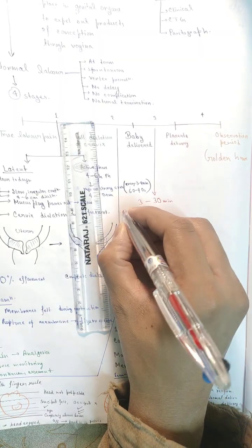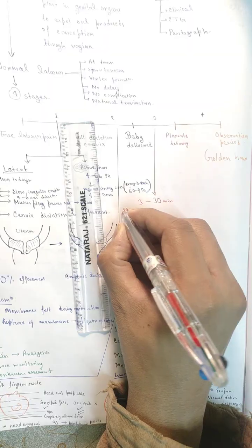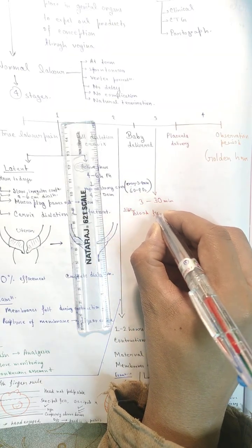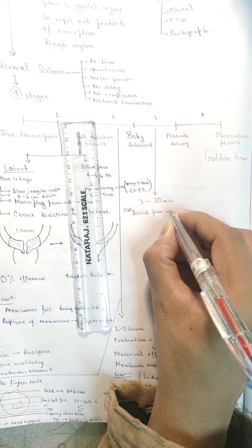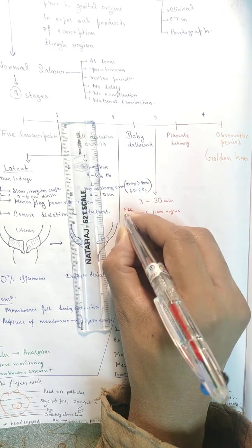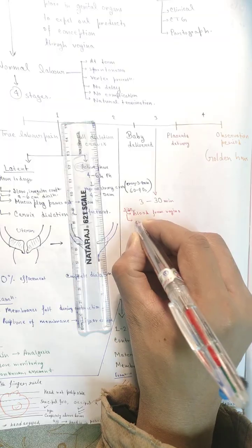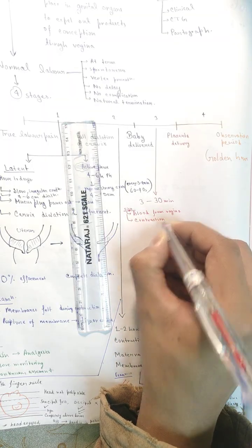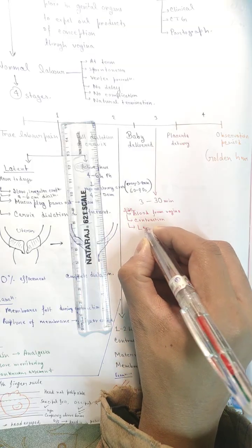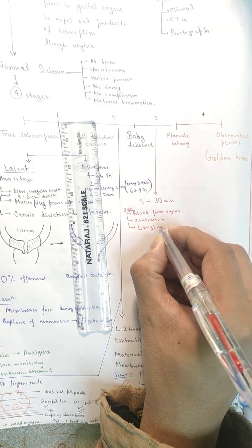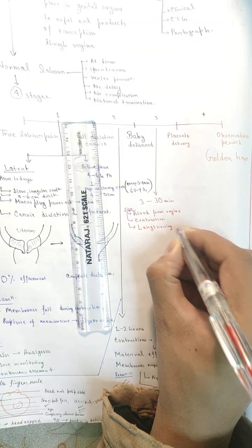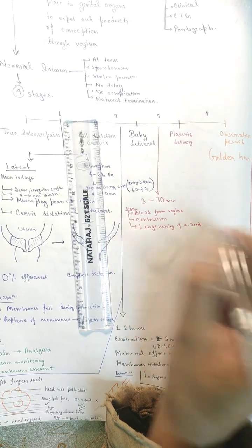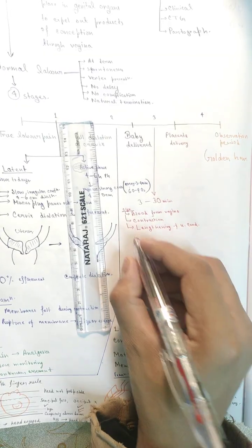The signs of placental separation: blood from vagina, along with contraction and lengthening of umbilical cord. These are the signs of placental separation.